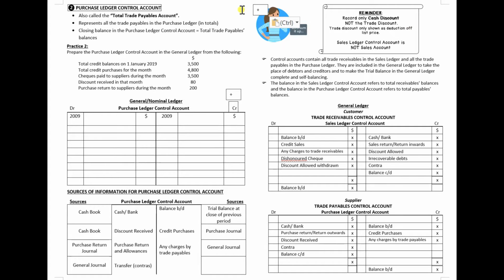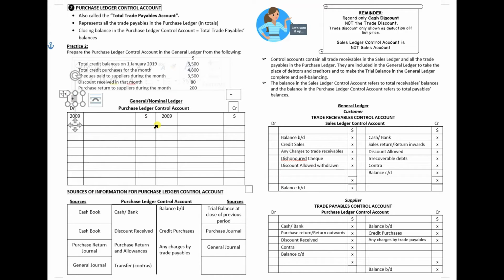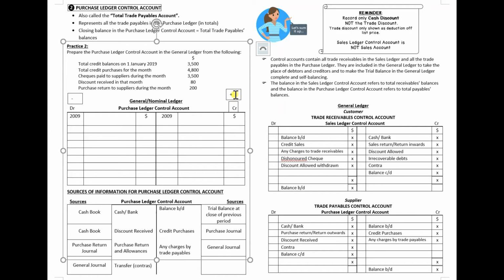So as I said already, this is like a creditor's account. A creditor account normally has the credit balance. So what it means is that credit is increase and debit is decrease.